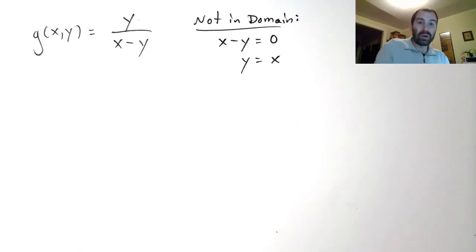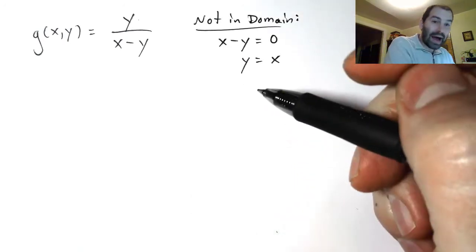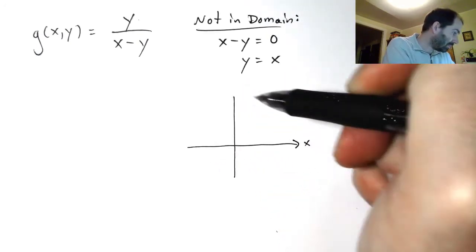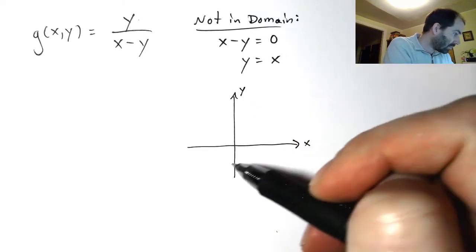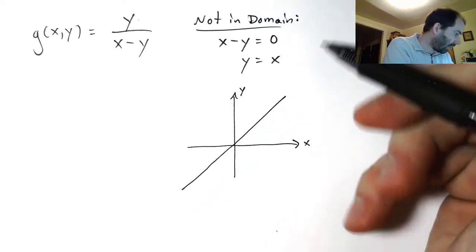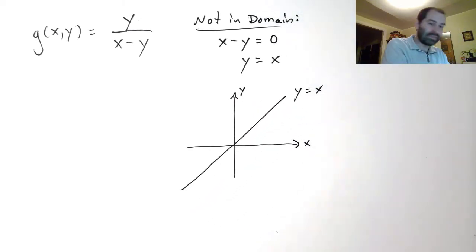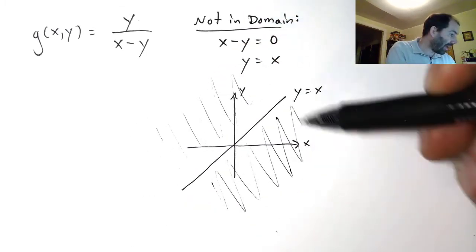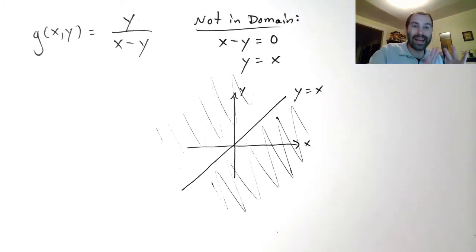So what we're going to graph here is what's not in the domain. Well, here we go. Here's the line y equals x. The domain is everything that's out here away from that line. Everything except that line is the domain.